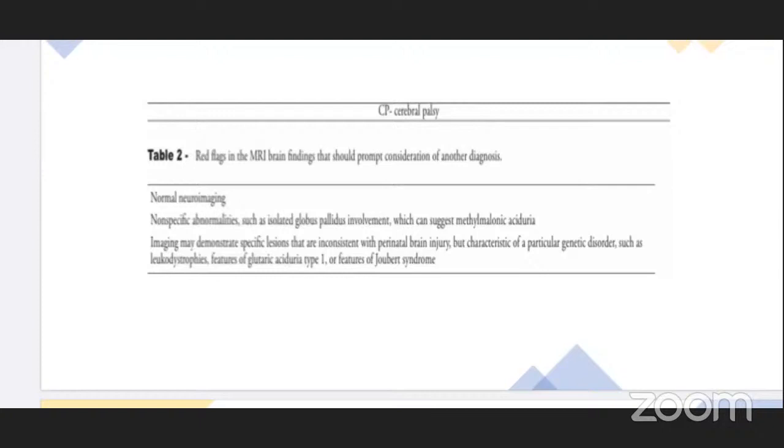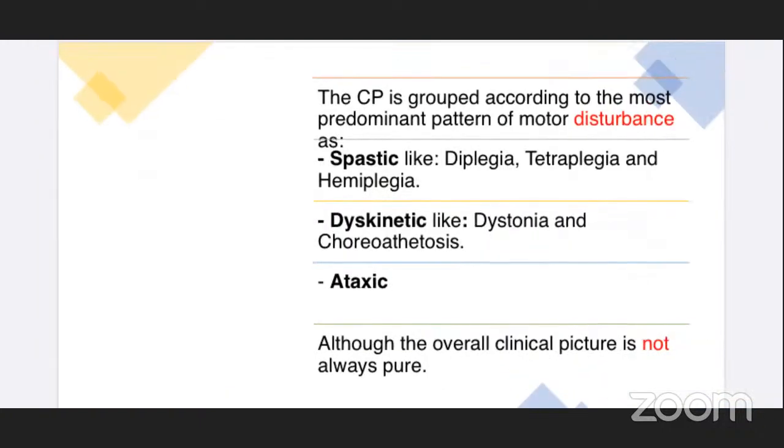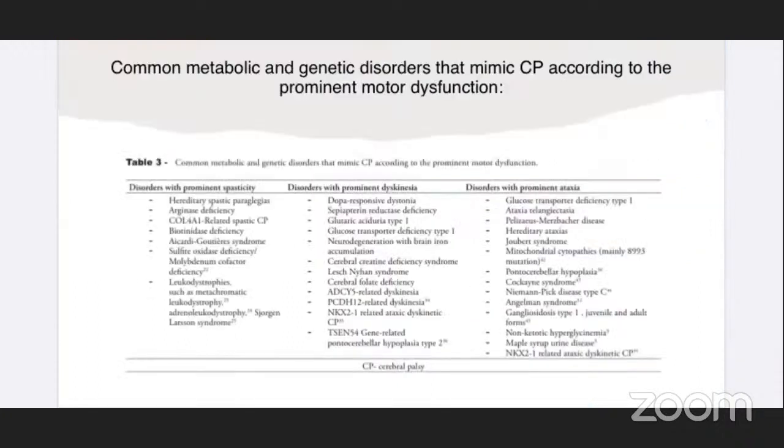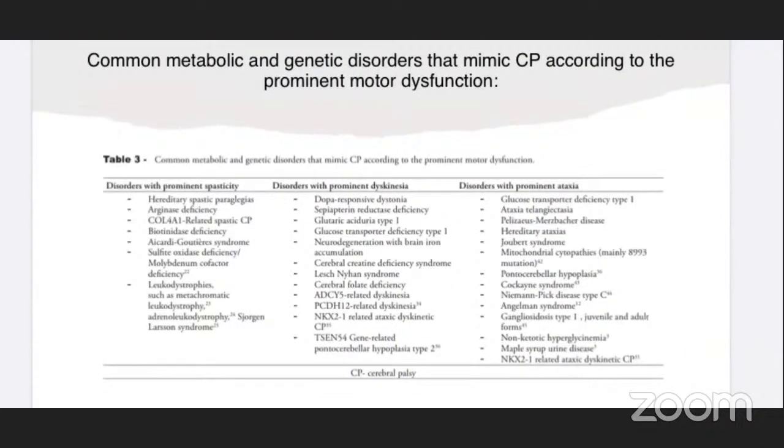So we have these types of cerebral palsy, depending on the predominance of the motor pattern, like whether the patient has predominantly spasticity, dyskinesia, or ataxia. On this slide you can see the types of cerebral palsy with some examples for each.